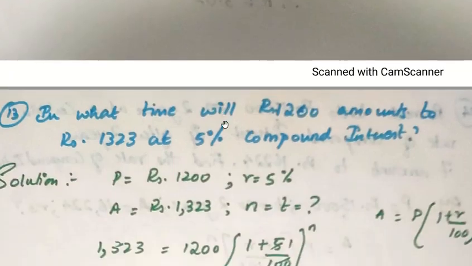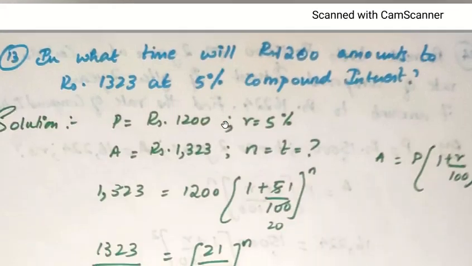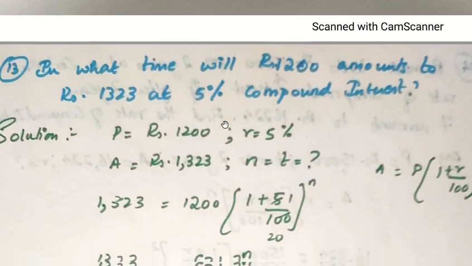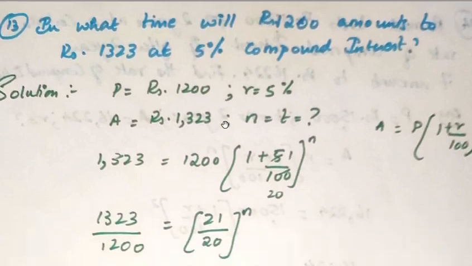So our next question: in what time will rupees 1,200 amount to rupees 1,323 at 5% compound interest? So principal they have given, rate of interest they have given, amount they have given.